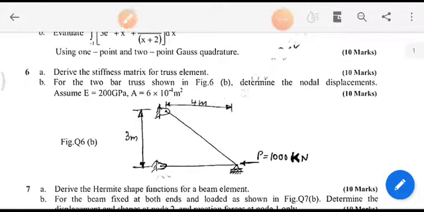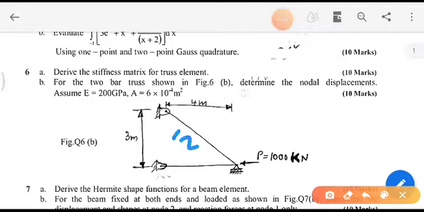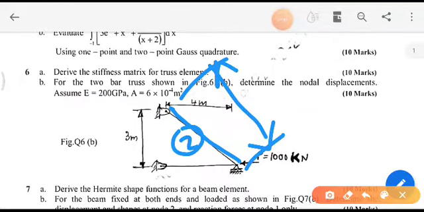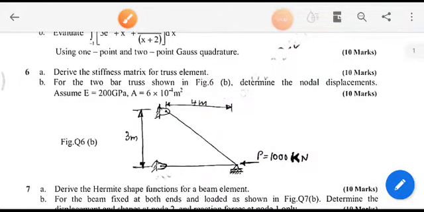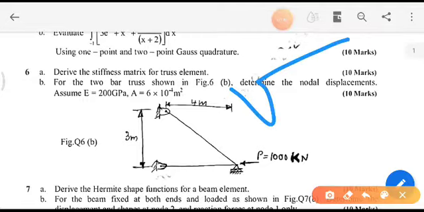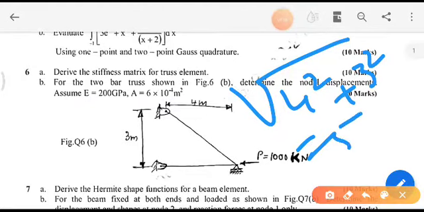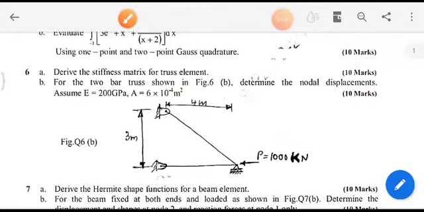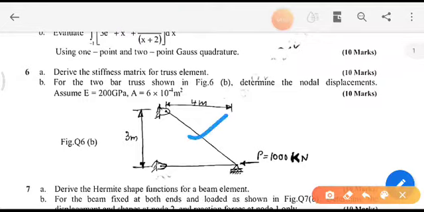The length of the second element we can calculate by using Pythagoras theorem: under root 4 square plus 3 square, we will get 5 meter, which is nothing but 5000 millimeter. The length of this element is 5000 millimeter.